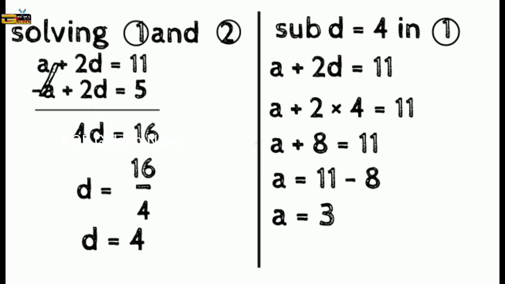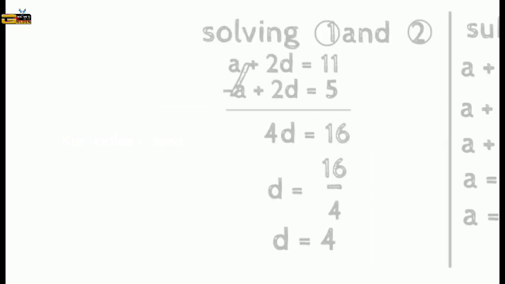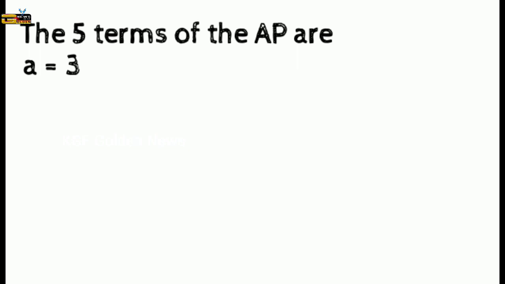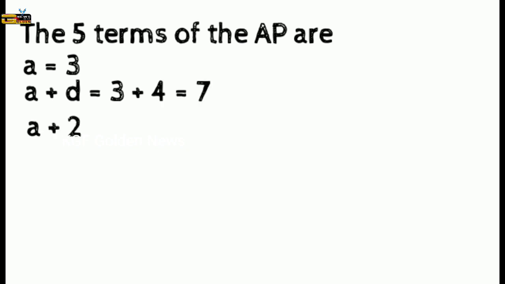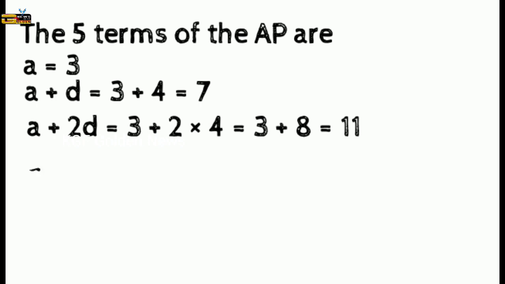Using A equals 3 and D value 4, the 5 terms of the AP are: A is 3, A plus D equals 3 plus 4, which equals 7. A plus 2D equals 3 plus 2 into 4, which equals 3 plus 8, which equals 11.